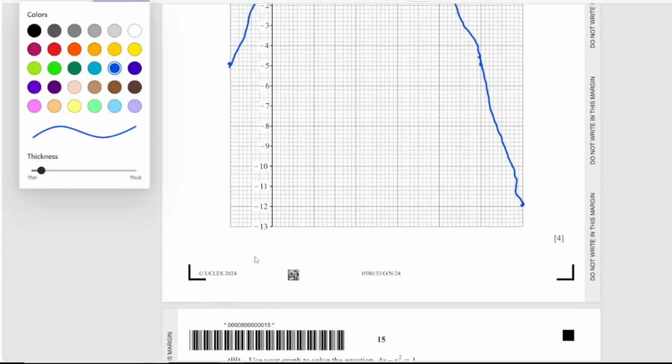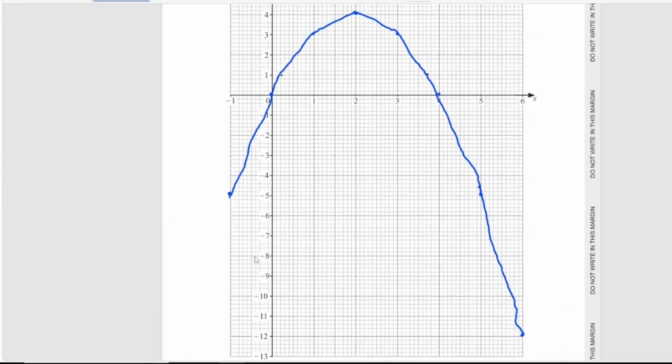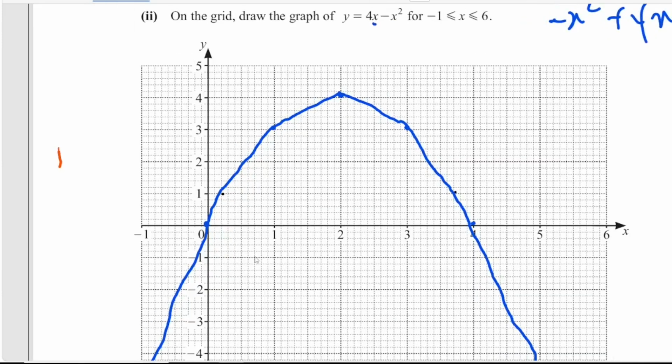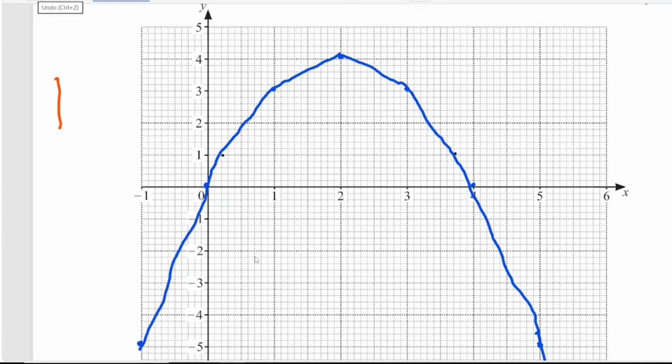We are going to do that with a different color. So for y is equal to 1, where does y equal to 1 meet the curve? So that's it, y is equal to 1 is here. Then it goes through, and this is where they meet the curve.